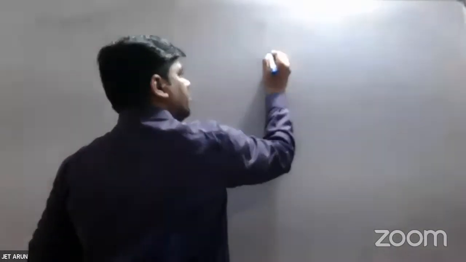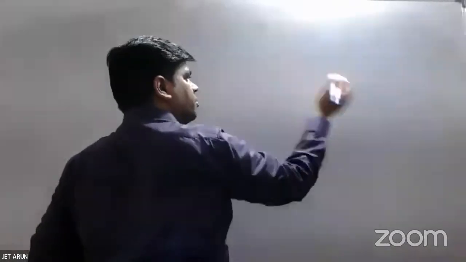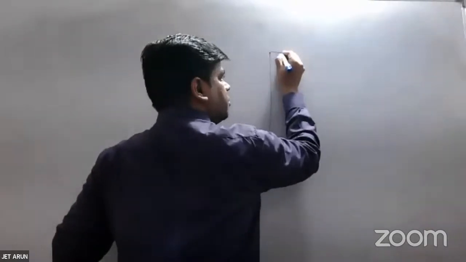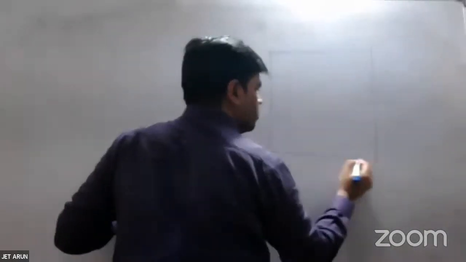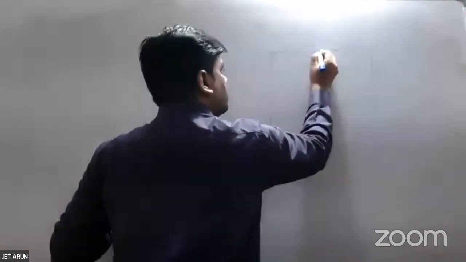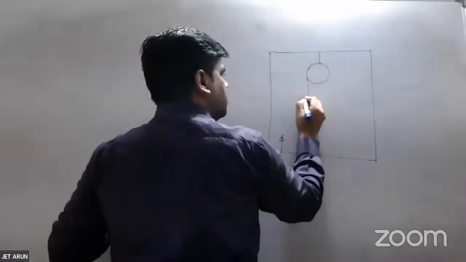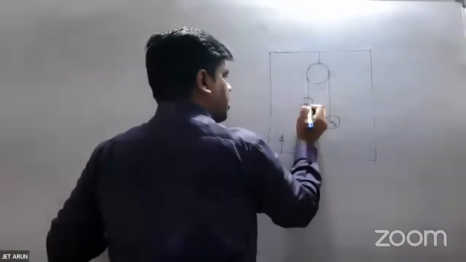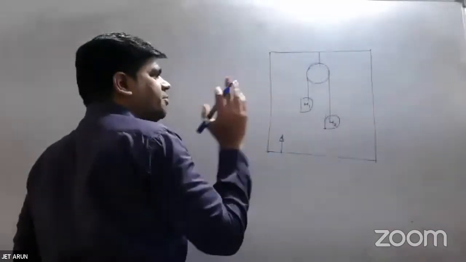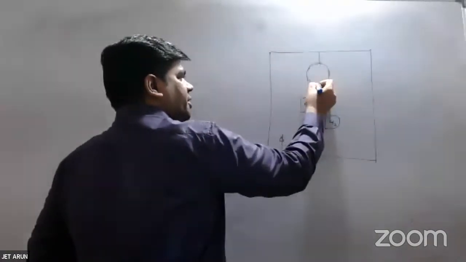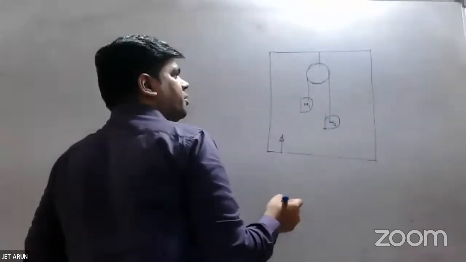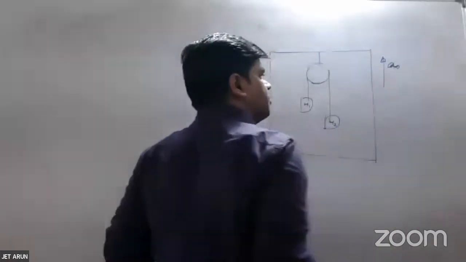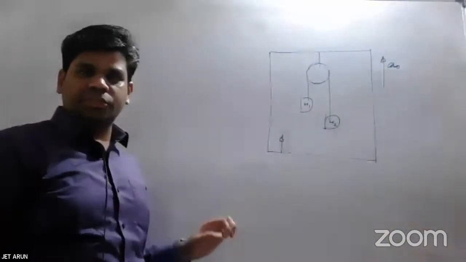I've got a lift with masses M2 and M1. Let's say M2 is greater than M1. Now, this lift is going upwards with an acceleration of A naught.